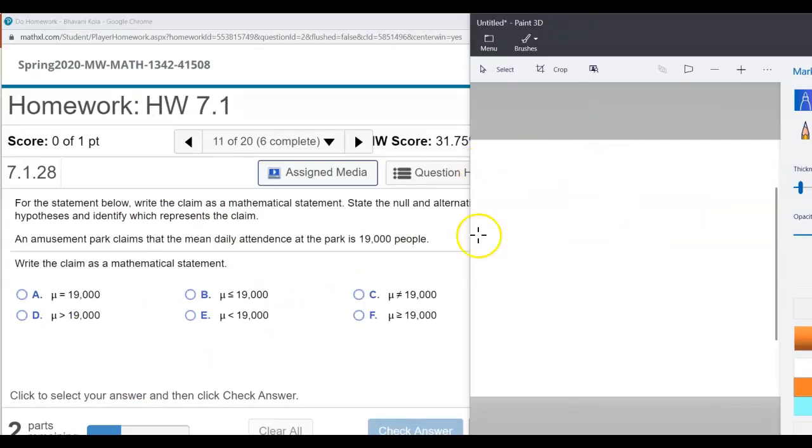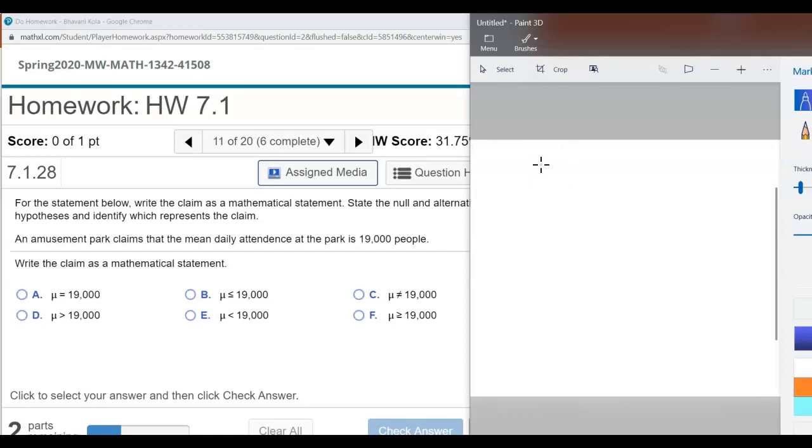So I opened up a Paint document here so I can show you what I'm doing. I will read the problem and write it down as I read. It says an amusement park claims the mean daily attendance is 19,000. You always have to start with your claim. That is very important.